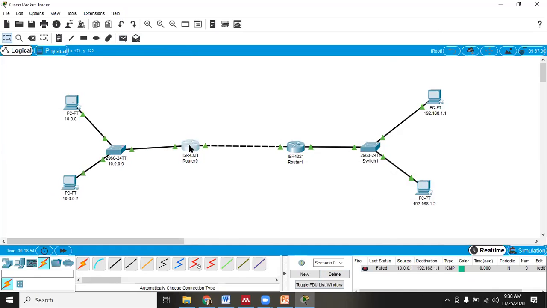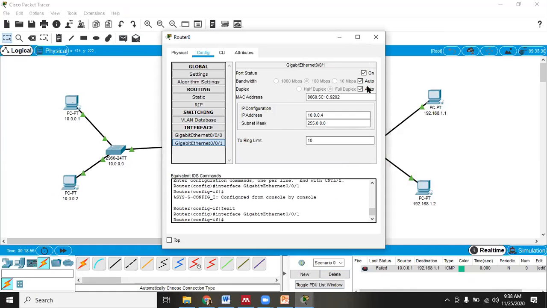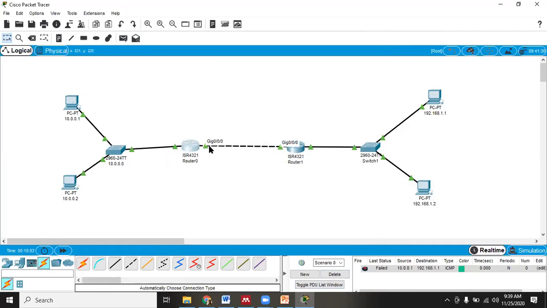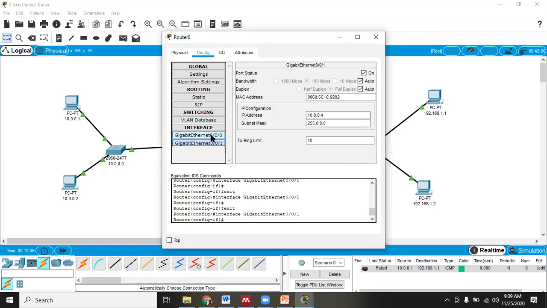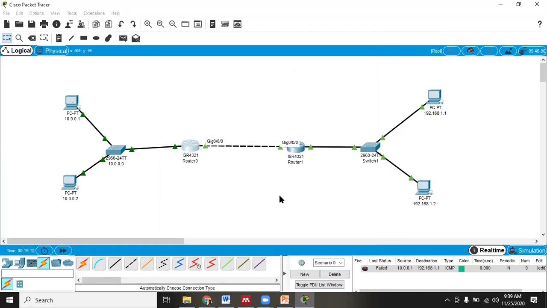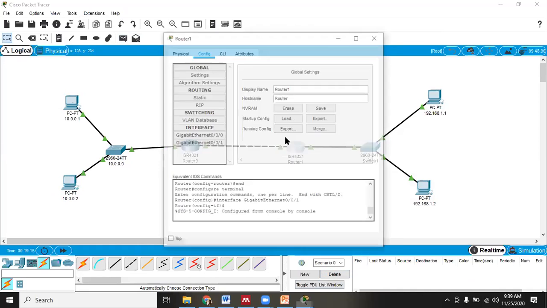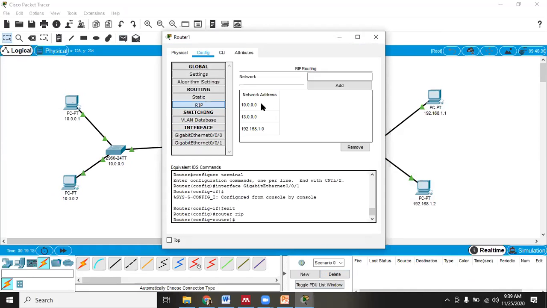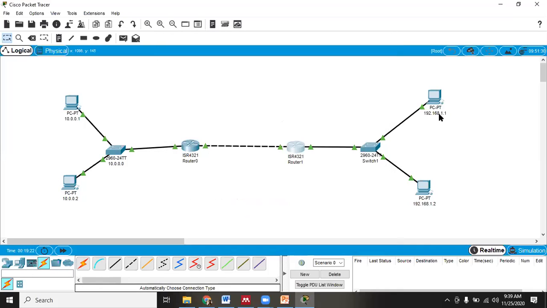Yes, there is some issue in between. There is a gateway 13.0.0.0. We have 13.0.0.0 and 192.168.1.0.